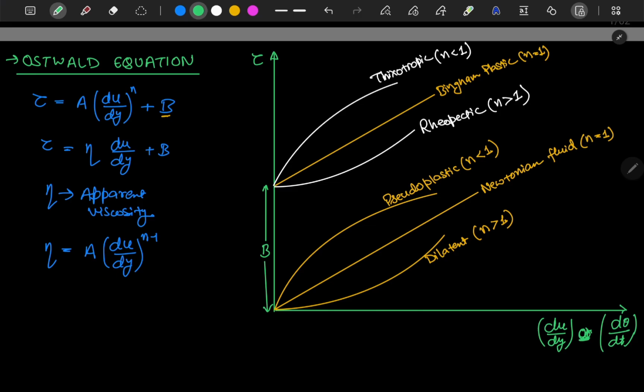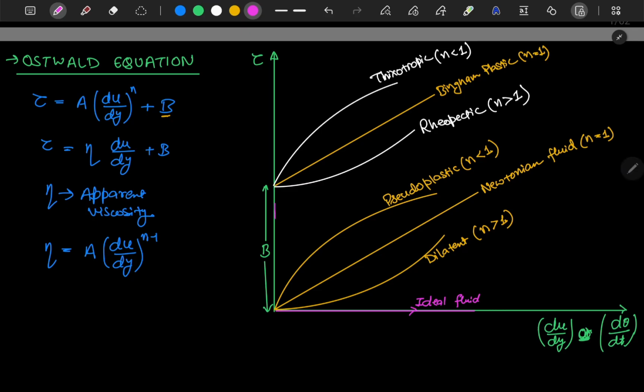Now there are two more things we can mention. This line here represents your ideal fluid. So even in the absence of shear stress, even if the slightest shear stress is applied, there will be shear strain.